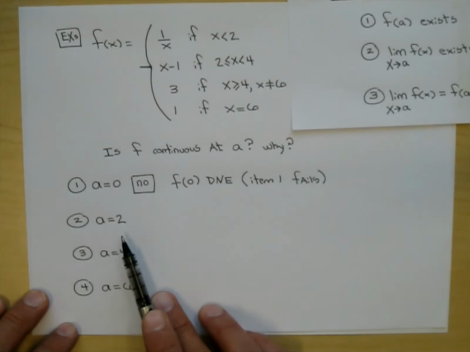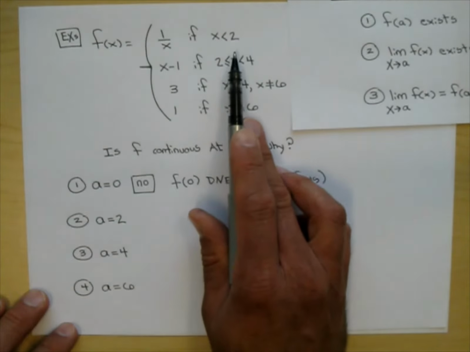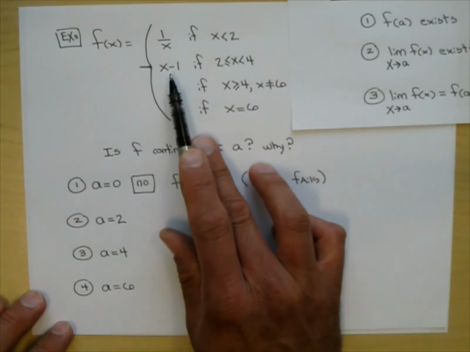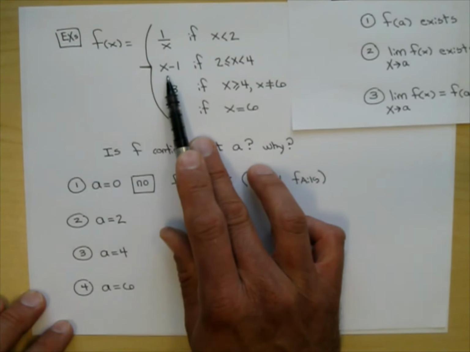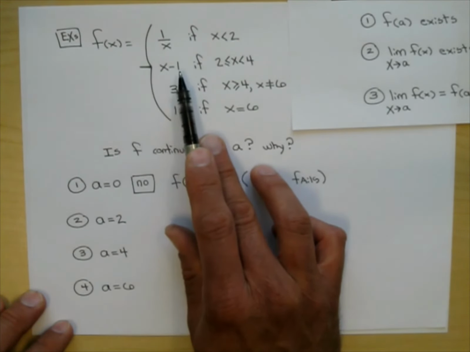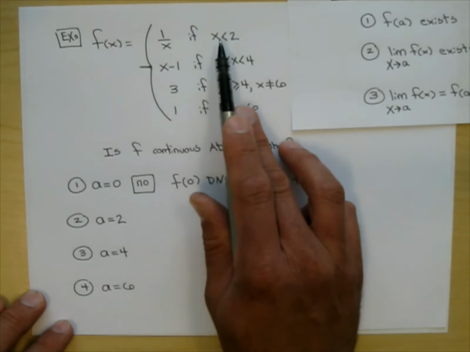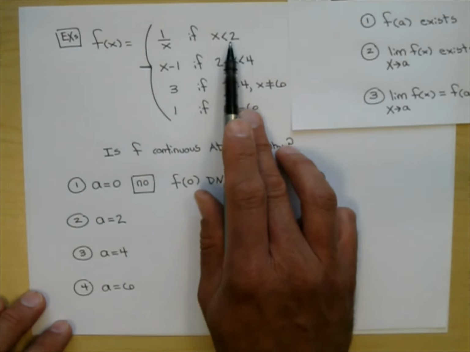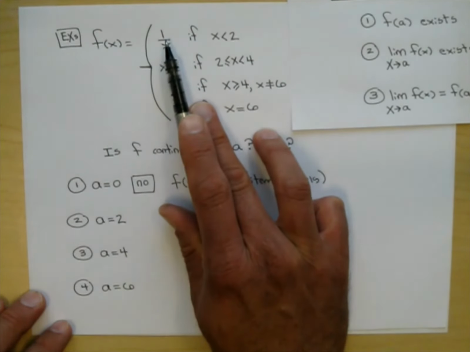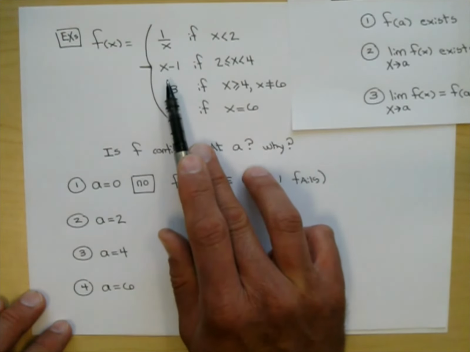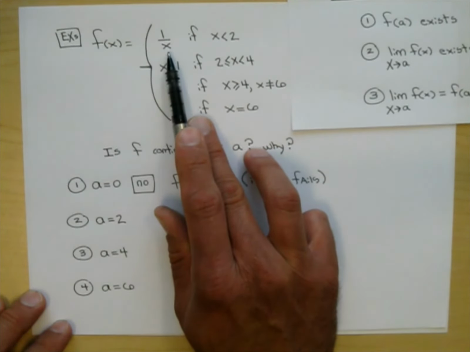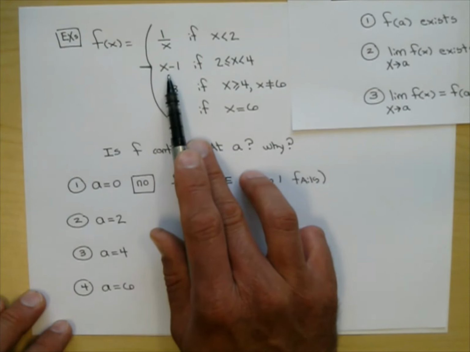Does the limit exist? Well, remember we did this in the last section. We have to see what happens when you plug 2 in here, and when you plug in 2 right there, you end up getting 2 minus 1, which is 1. But if you plug 2 right here, which we have to investigate, because we have to investigate to the left and to the right, you end up getting 1/2. So 2 plugged into this one gives me 1, and 2 plugged in here gives me 1/2. So you are going to be jumping from 1/2 to 1.